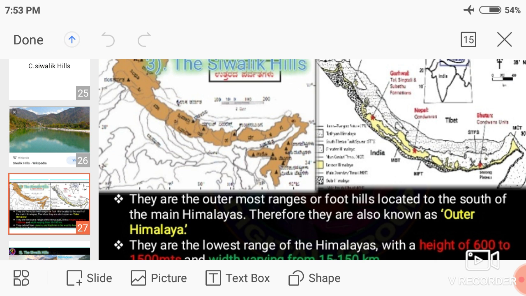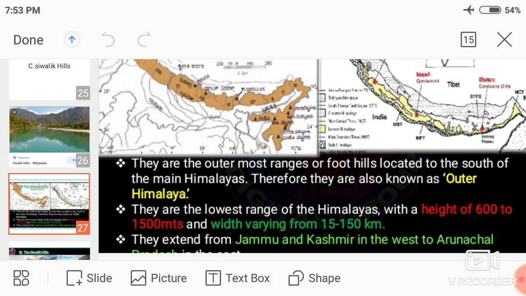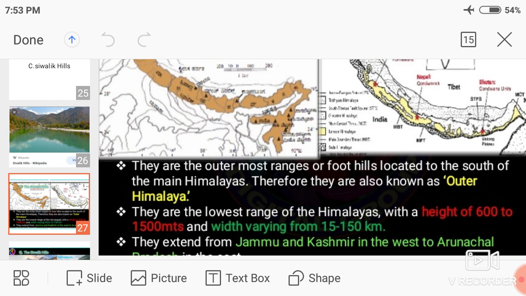They are the lowest ranges of the Himalayas, with a height of 600 to 1500 meters and a width of 15 to 150 kilometers.